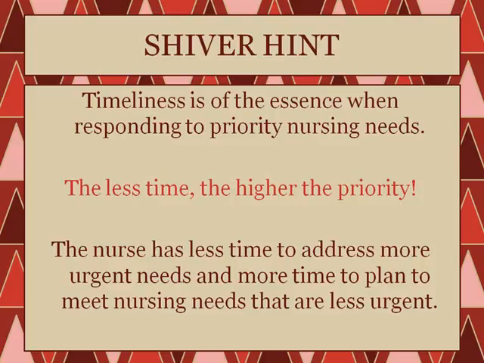The second order priority needs, these are patient or family concerns, complaints, what's important to them. Your third order are going to be things that the patient or family are not aware of, such as the blood work results, things like that. And then the fourth order priority needs are related to future planning and teaching.